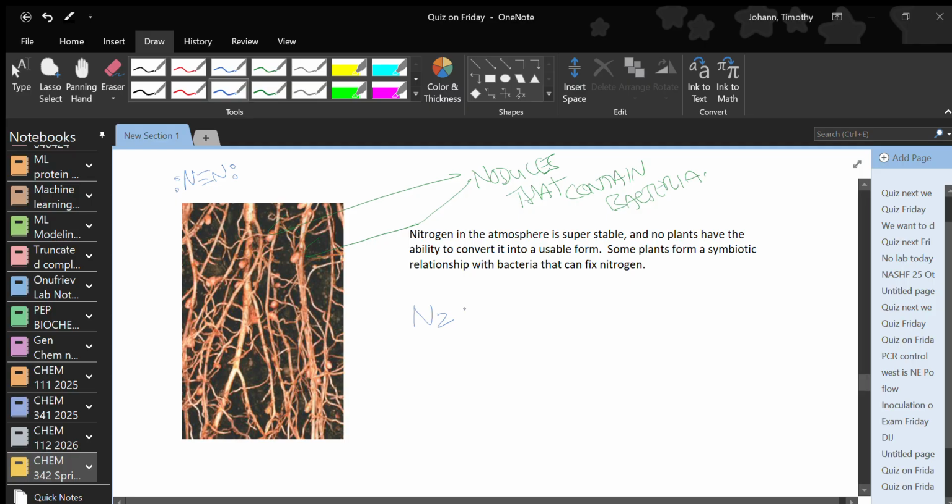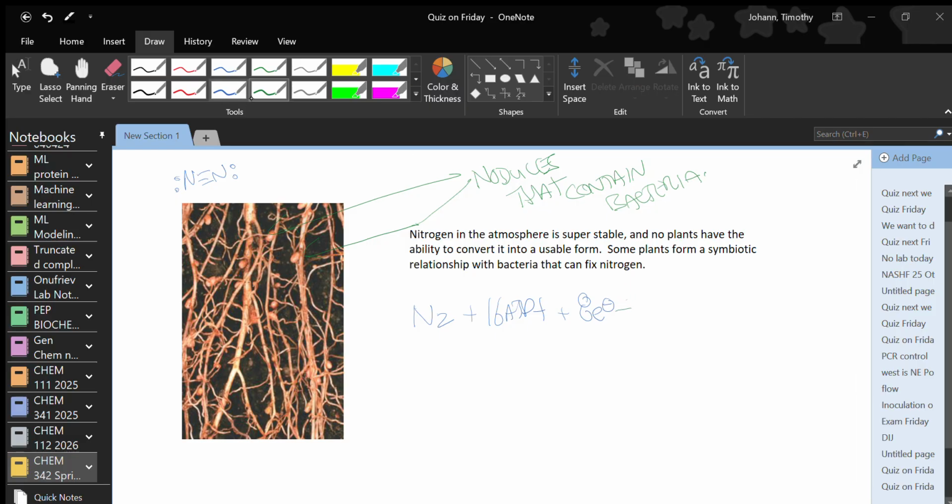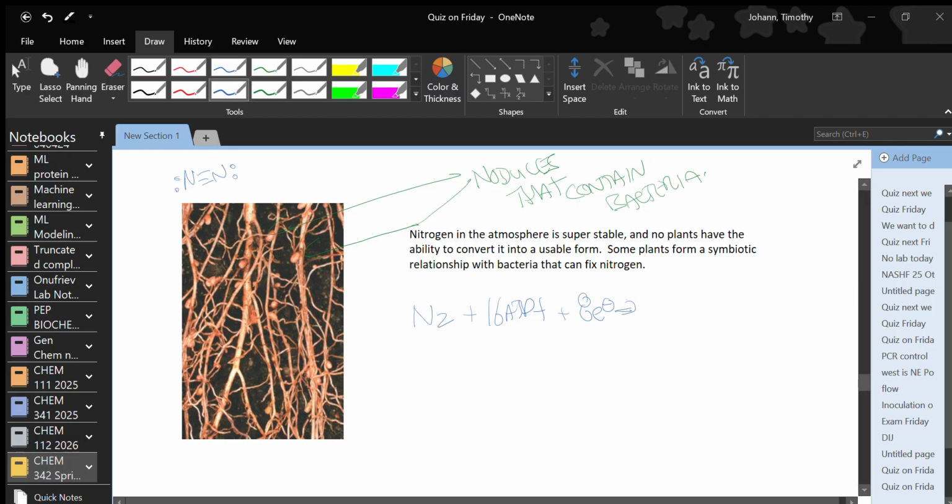But the nitrogen plus 16 ATP plus some source of electrons, so I'm going to say 8 electrons. Different sources get used. And that's going to make 2 ammonia, some hydrogen gas.